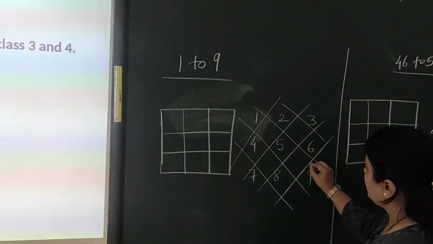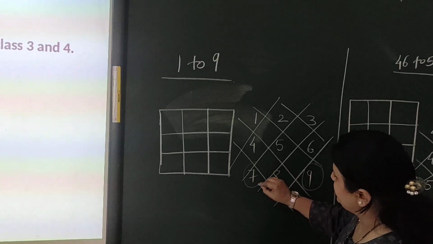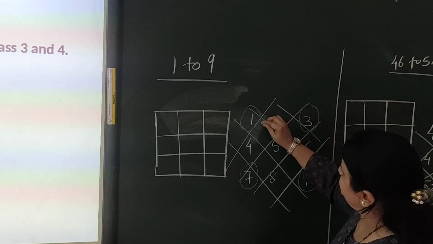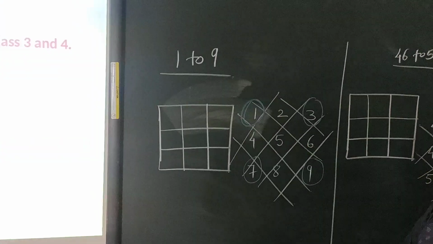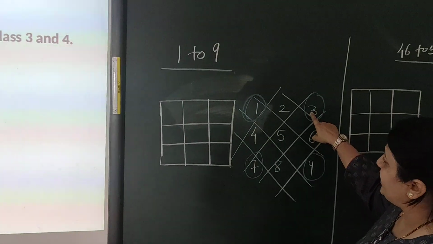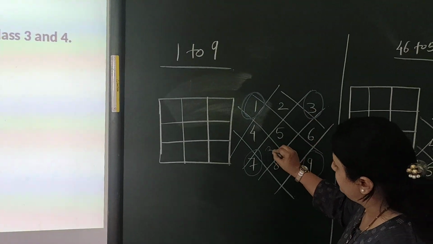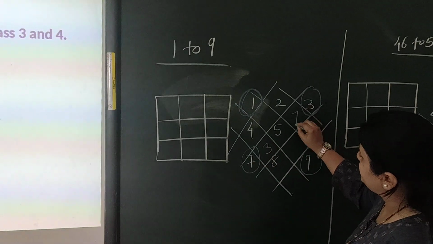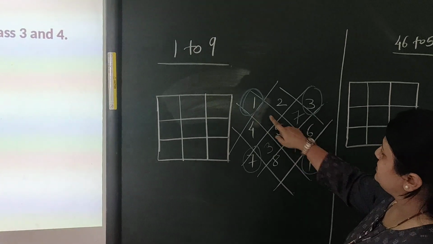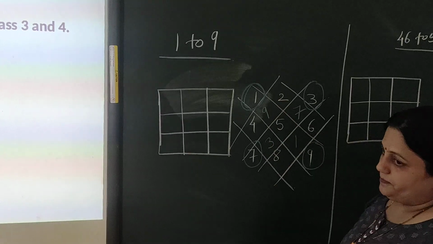Now circle the corner numbers which are at the 4 corners. So these are the 4 numbers which are at the 4 corners. Then change their place. This 3 you write here. This 7 you write here. Then this 1 you write here. This 9 you write here.